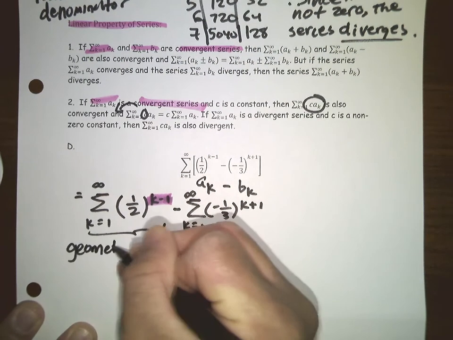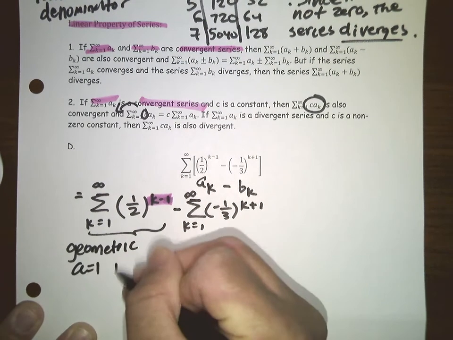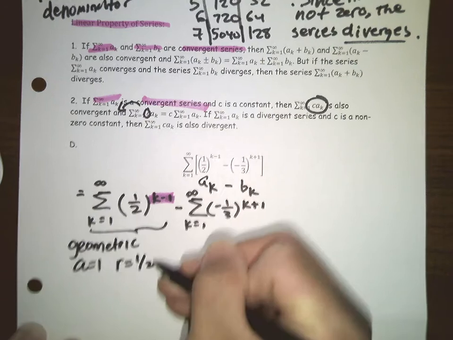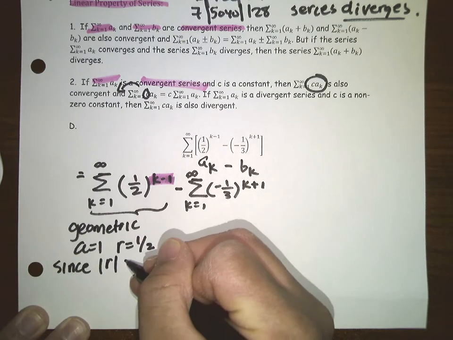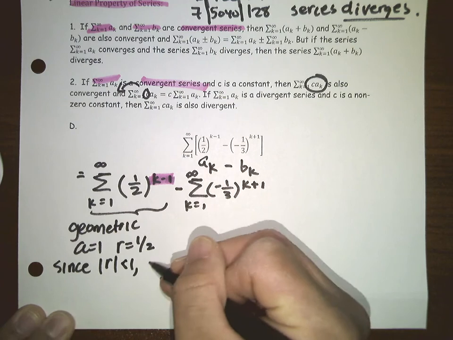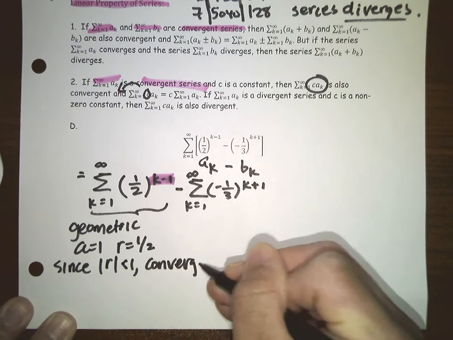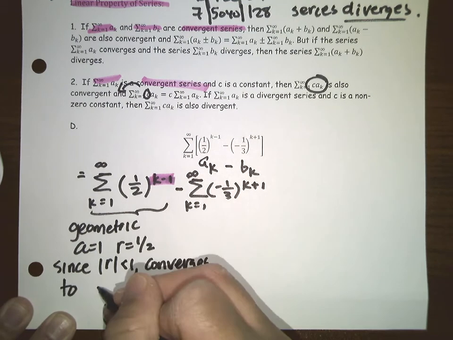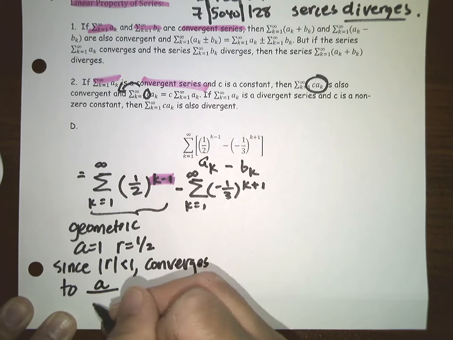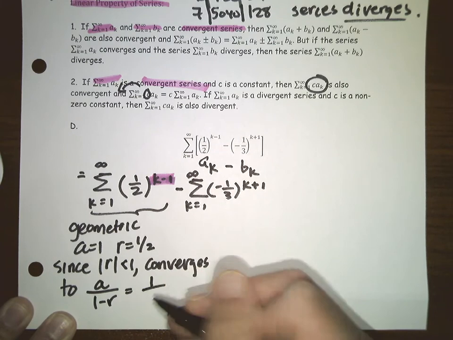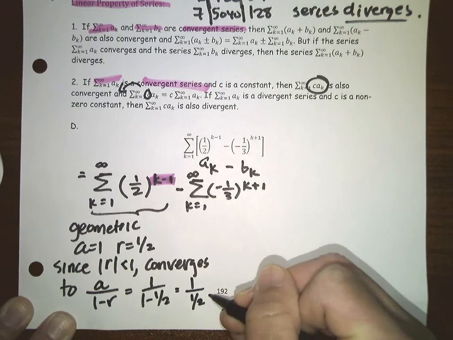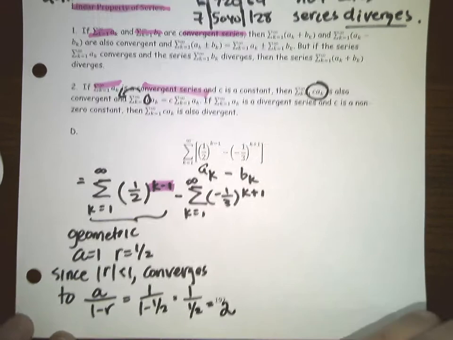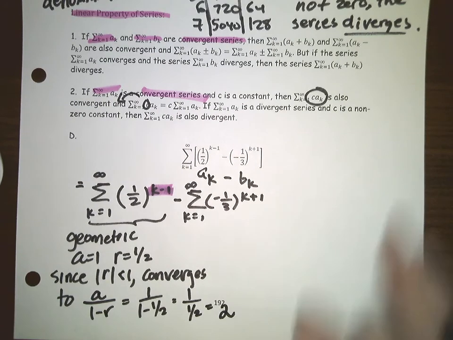The a is equal to 1, the r is 1/2. Since the absolute value of r is less than 1, this converges to a over 1 minus r, or 1 over 1 minus 1/2, so 1 over 1/2, which is 2. So that term converges to 2.